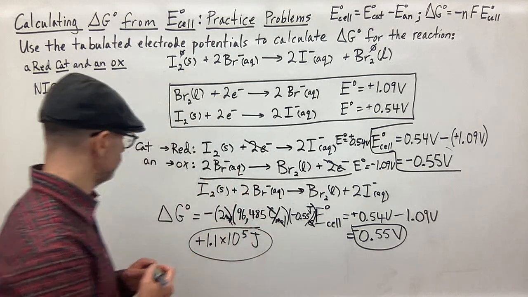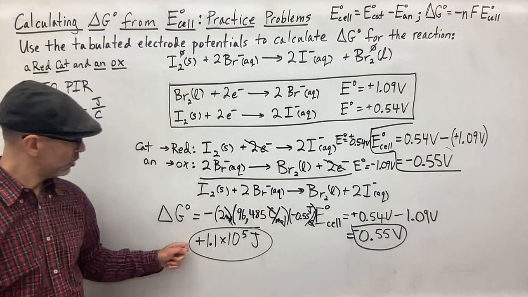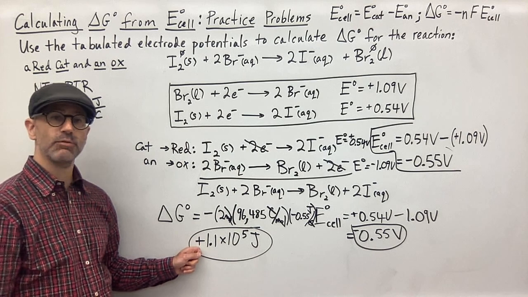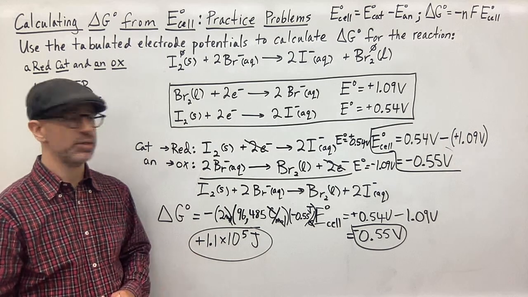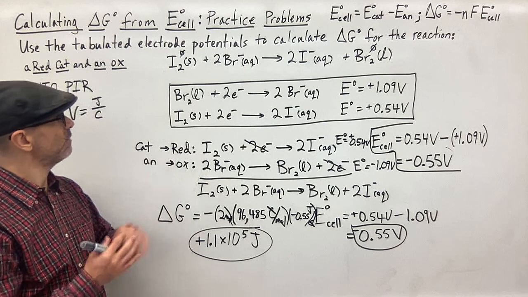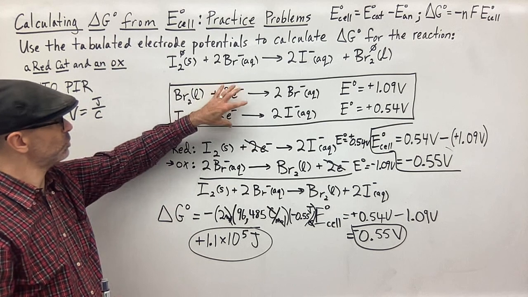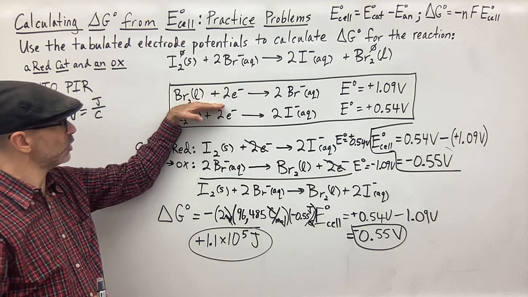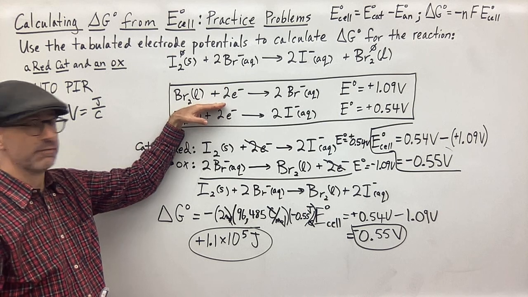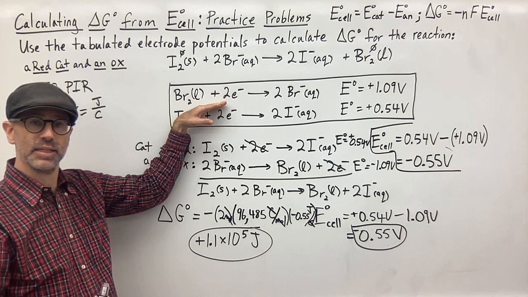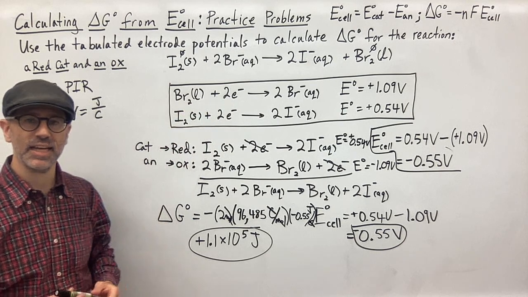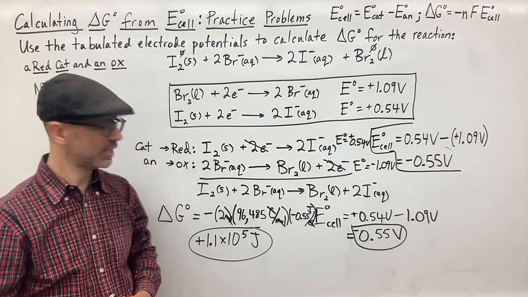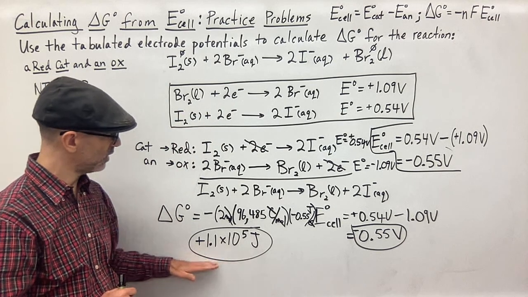So that's my delta G. And again, you can see that it is positive, which means that it's not a spontaneous reaction, which is what we predicted, because we saw that according to the electrode potentials, bromine should be the one being reduced if it's going to be spontaneous. But in this case, it's being oxidized. So that indicated that it wasn't going to be spontaneous. And now we've confirmed that.